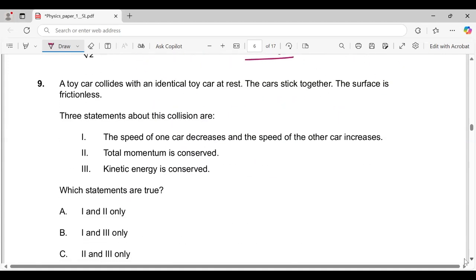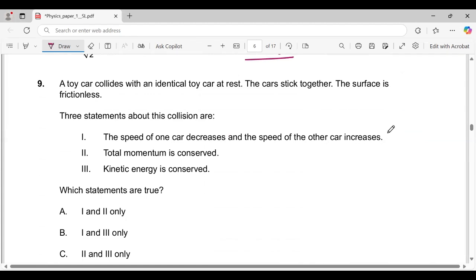Number 9. A toy car collides with an identical toy car at rest. The cars stick together. The surface is frictionless. Three statements about these collisions are: 1. The speed of one car decreases and the speed of the other car increases.